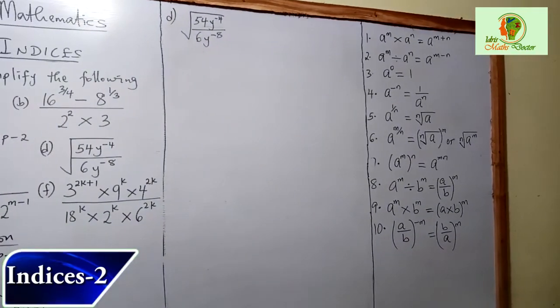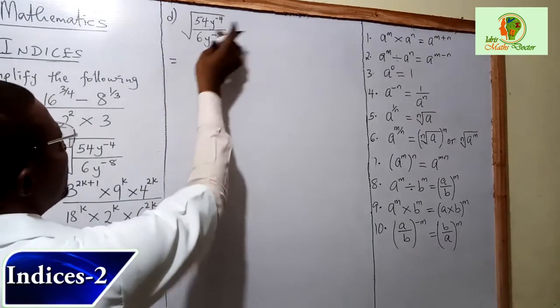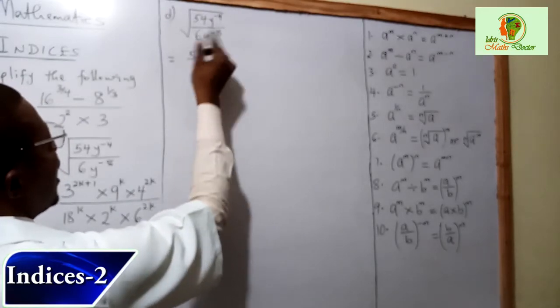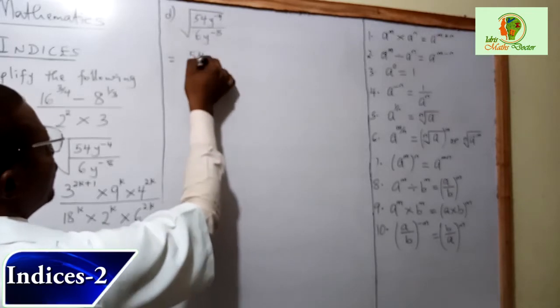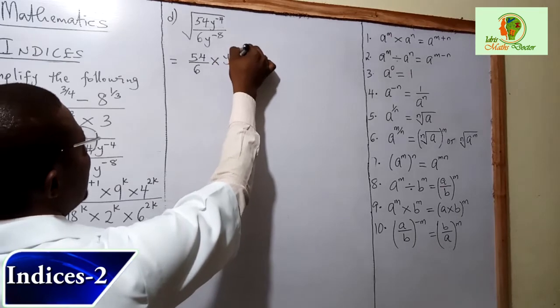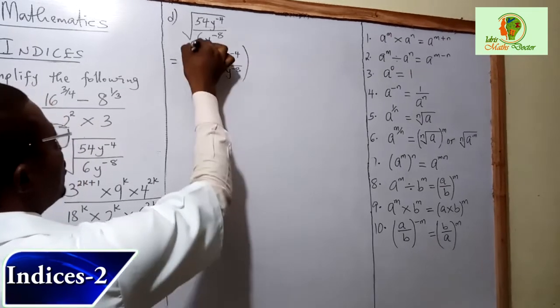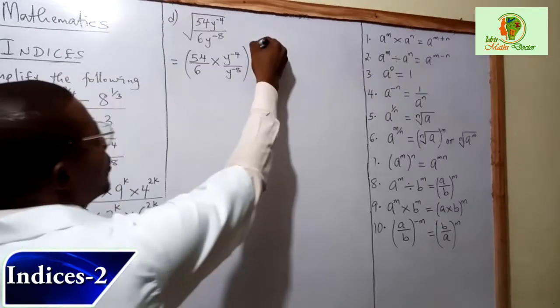We first remove the roots, and while removing the roots, we can break this into 54 over 6 times y raised to power minus 4 all over y raised to power minus 8. Then the roots become 1 over 2. Is that clear?